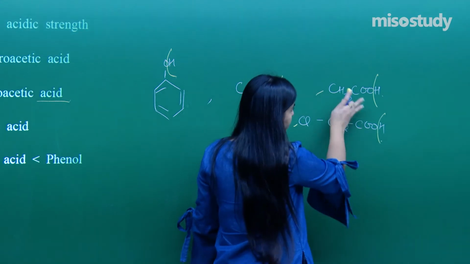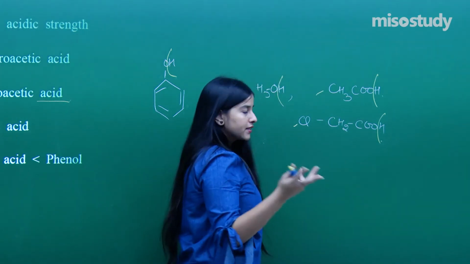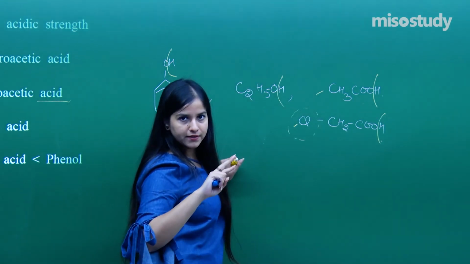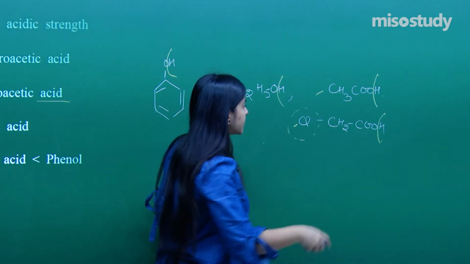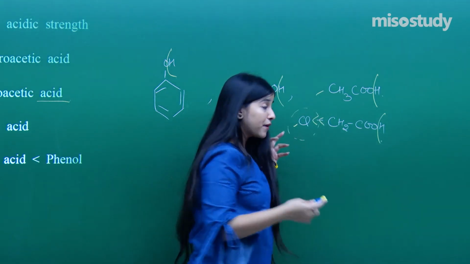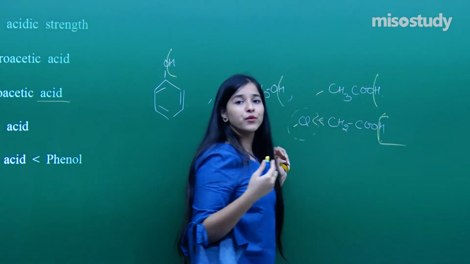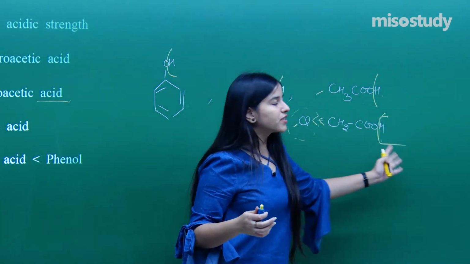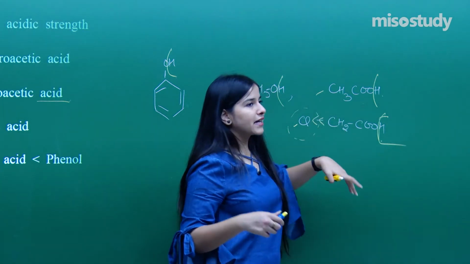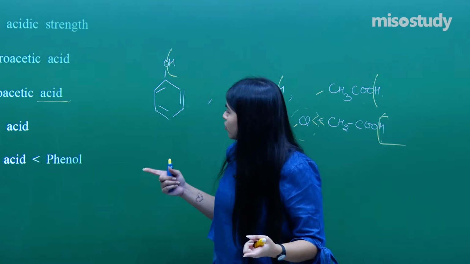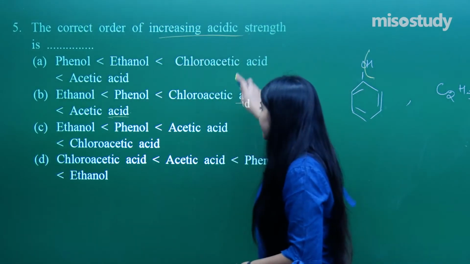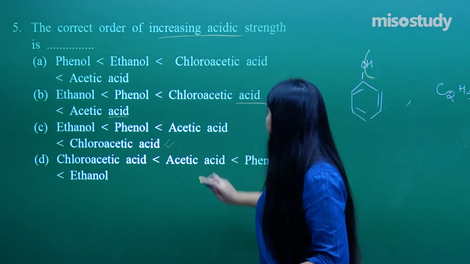What I observe out of the two is, common sense, that a chlorine is attached, which is different in the two, right? Now chlorine, what is the nature of the chlorine? It is an electron-withdrawing group. It is withdrawing the electron density, thereby this H positive will be released very quickly, right? This H positive is released quickly, this is more acidic, and I get out of the two chloroacetic acid as the most acidic one. So chloroacetic acid, the most acidic one, increasing strength I have to find out. So this one, I think this should be the option.